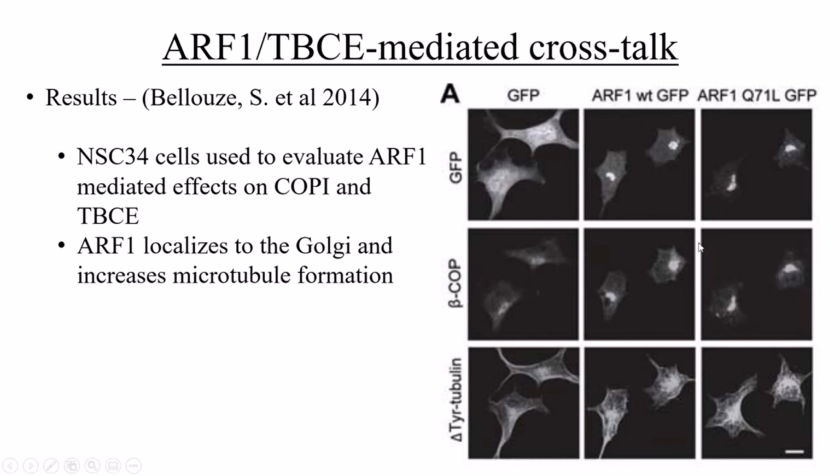So they overexpressed ARF1 that expressed GFP, and they found, as you can see here in this panel, that beta COP localizes to the Golgi, and there's an increase in microtubule formation in comparison to the normal ARF1 expression. They also used an ARF1 mutant, which is constitutively active, and they found that there was an increased localization of beta COP and increased amount of microtubule formation.